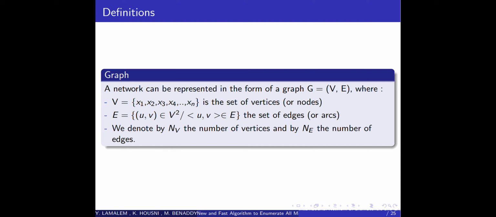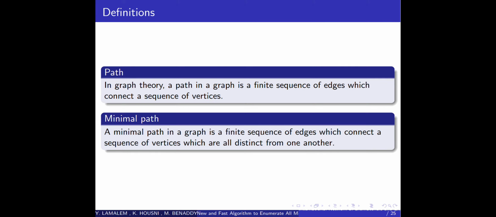We denote by NV the number of vertices and by NE the number of edges. A path: in graph theory, a path in a graph is a finite sequence of edges which connect a sequence of vertices. What is a minimal path? A minimal path in a graph is a finite sequence of edges which connect a sequence of vertices which are all distinct from one another.